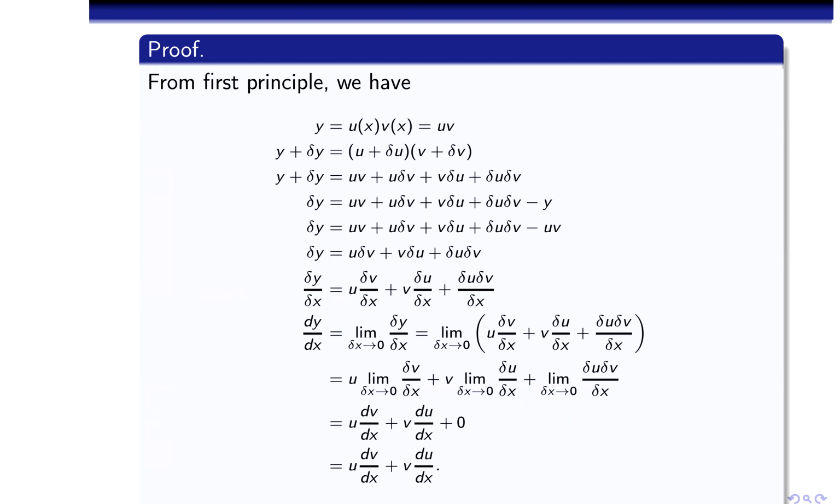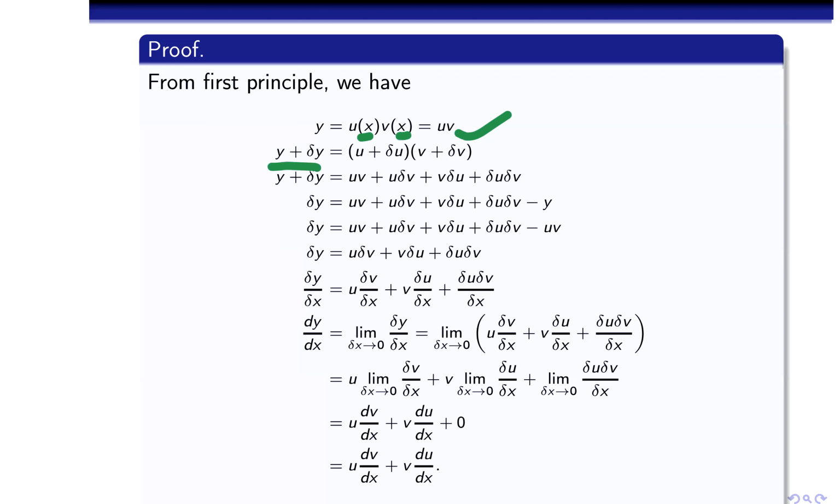So from first principle, we have that y equals u of x times v of x, which you can simply say is uv to make things a bit tidier. You know that a little change in x will cause a corresponding change in y. But in this case, instead of x directly, it will now be u and v.